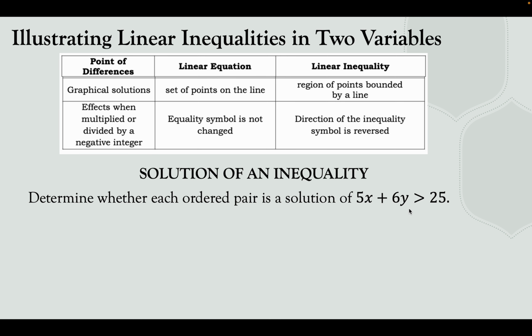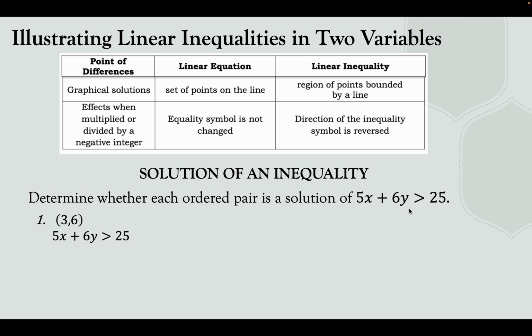Let's focus on identifying the solution of an inequality. Determine whether each ordered pair is a solution of 5x plus 6y greater than 25. For example, we have the point 3 and 6. 3 is our value of x, and 6 is our y coordinate.